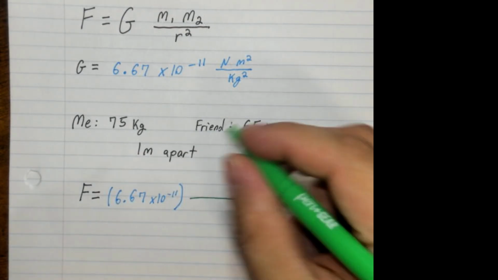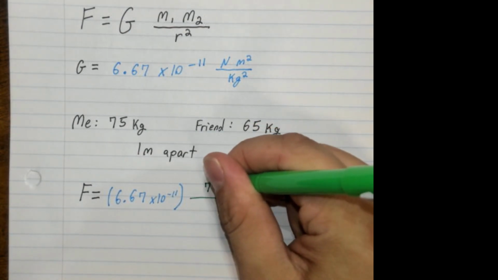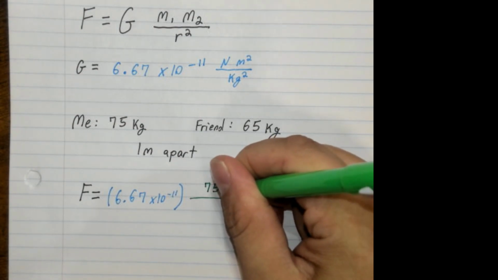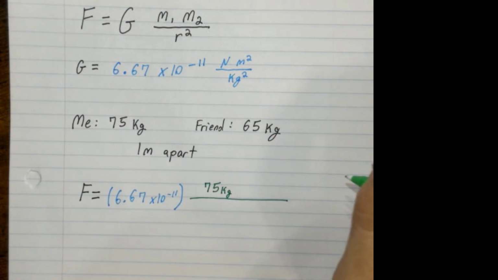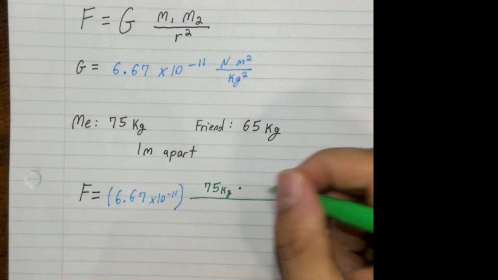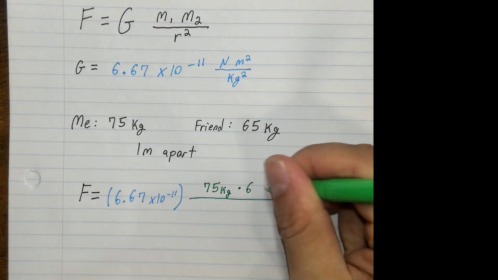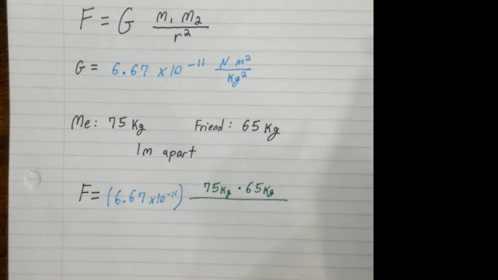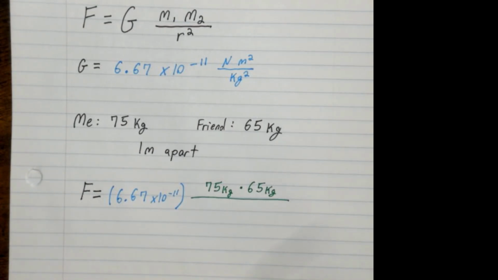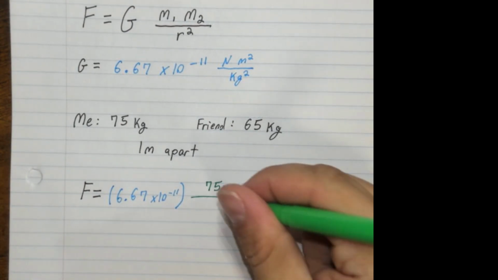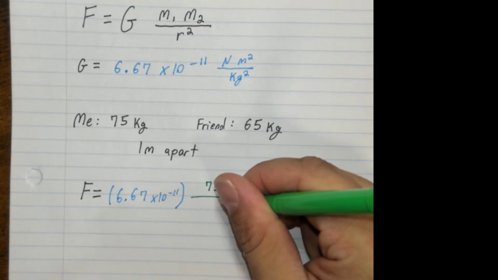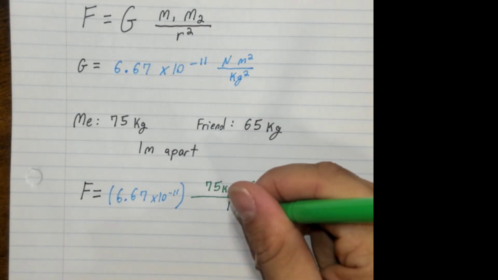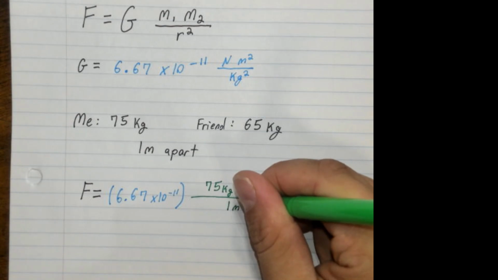So I am 75 kilograms, at least in this example. I don't know exactly what I am right now. And then my friend is 65 kilograms. All right, cool. And then we are 1 meter apart. So 1 squared is still 1 and meters squared.